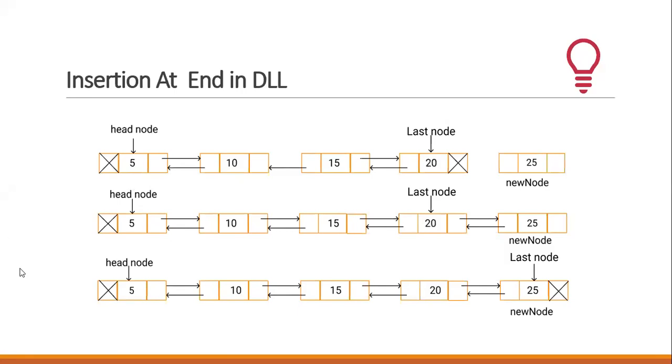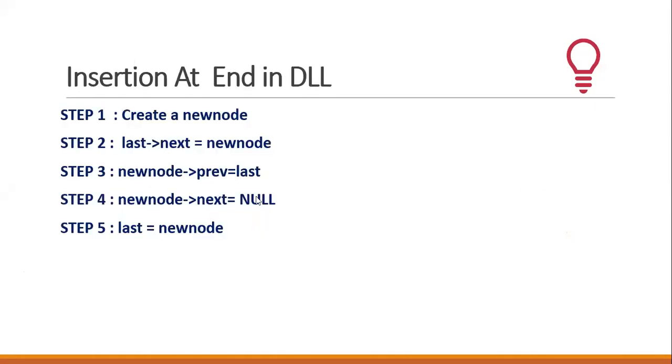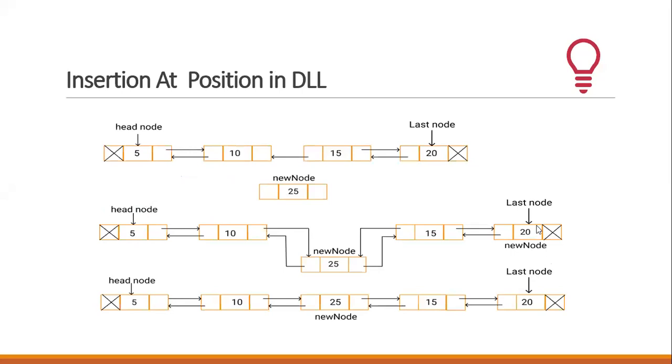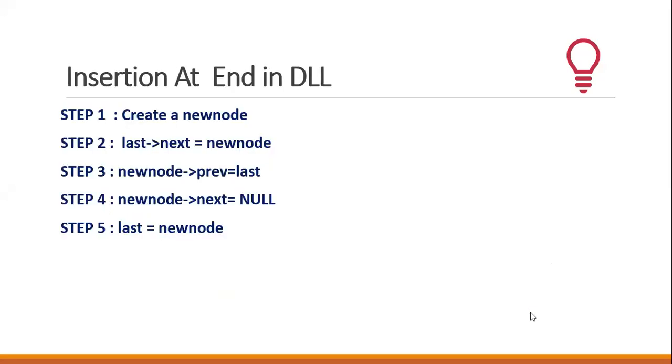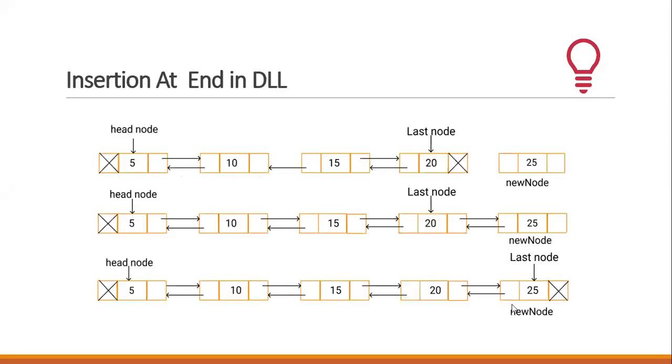So the next step is new node of next is equal to null. New node of previous was connected to the previous last node. And once these operations are done, the new node that we have created can now be signified as our last node.